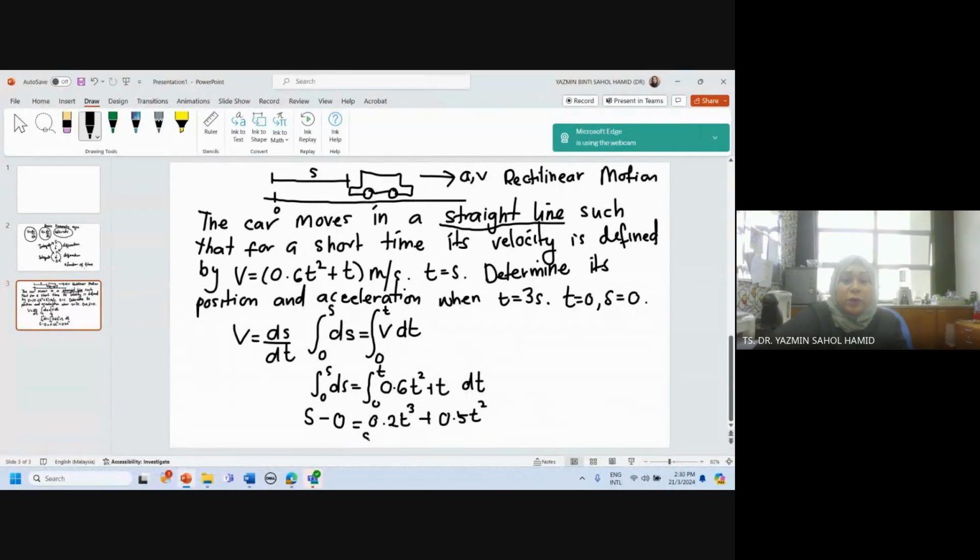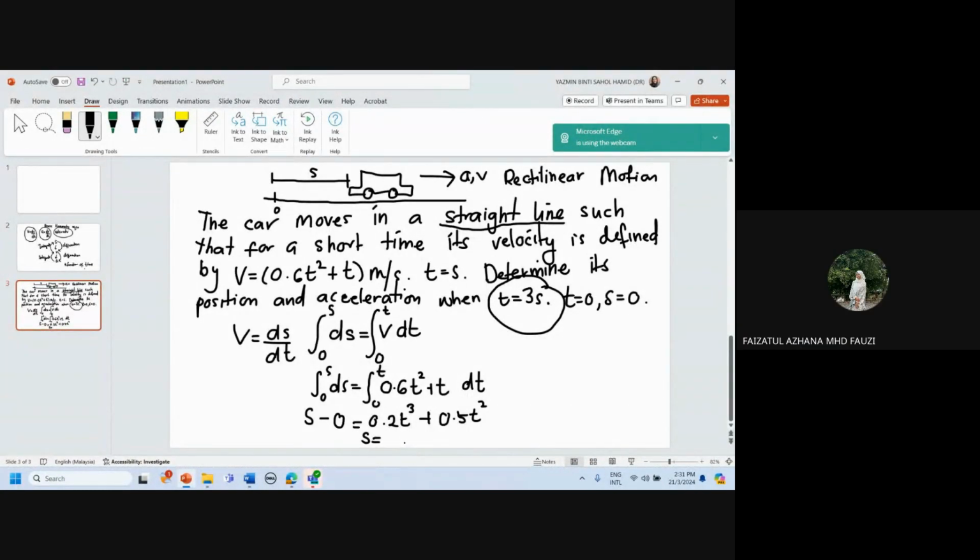So you already have the solution and you can solve the problem. To find s, what you need to do is replace t with 3 seconds. Can you replace t with 3 seconds and get me the answer? 9.9.